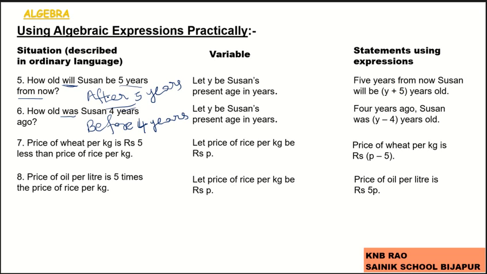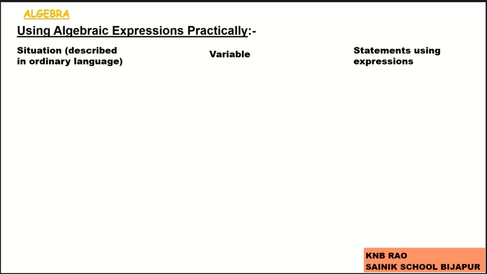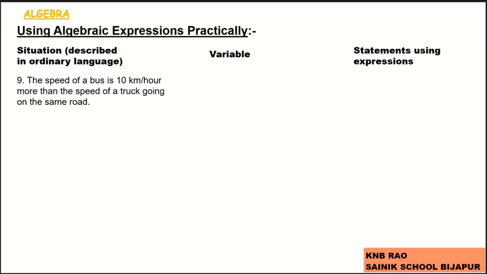Now another situation, the 9th example. The speed of a bus is 10 km per hour more than the speed of a truck going on the same road. Normally bus people will be overtaking the truck people. You might have seen that.